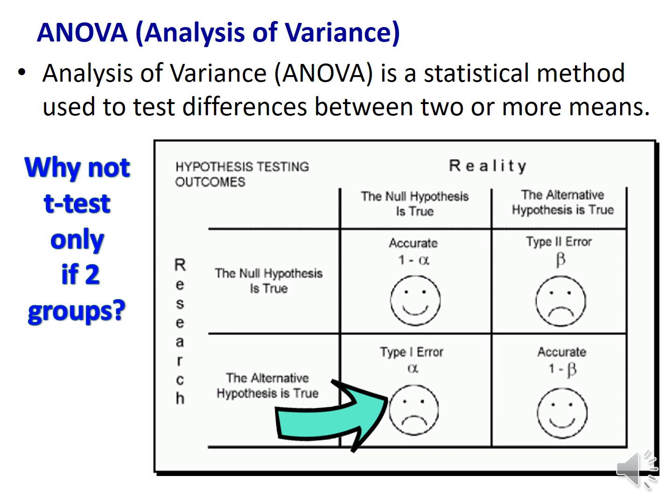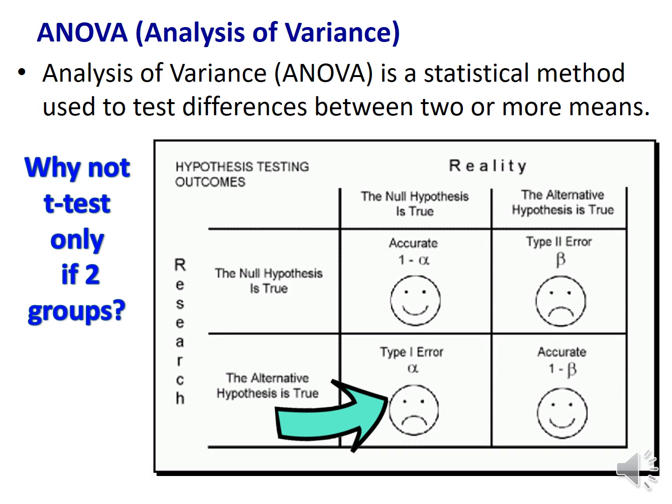The other type of error is when we assume that there was no difference, so the null hypothesis is true, when in fact there was a difference, or the alternative hypothesis is true. Because of these concerns, analysis of variance is actually a stronger, more robust test than the t-test.